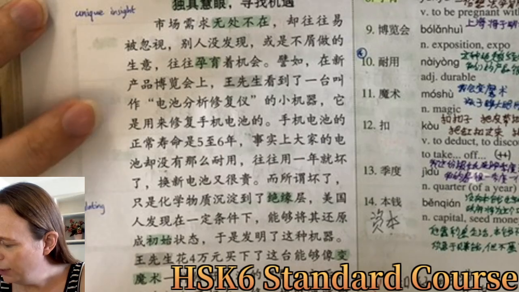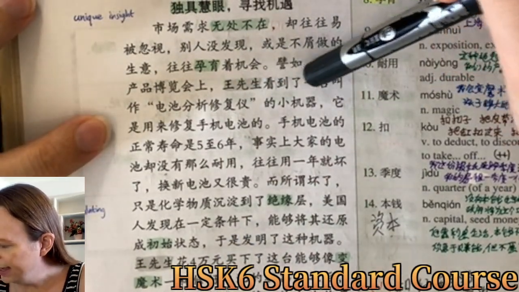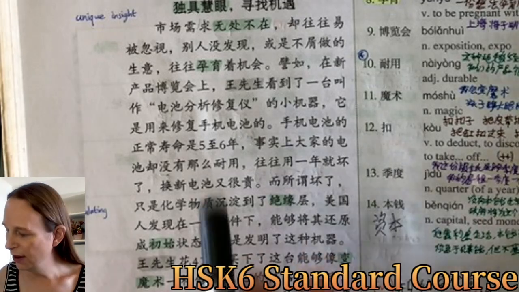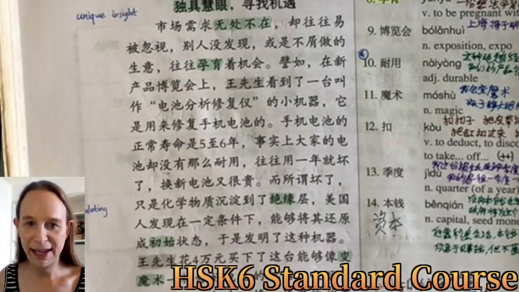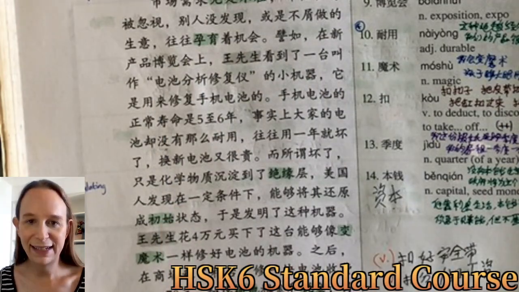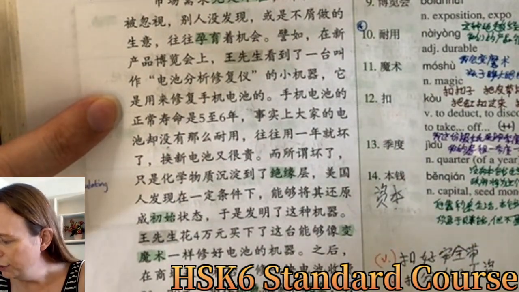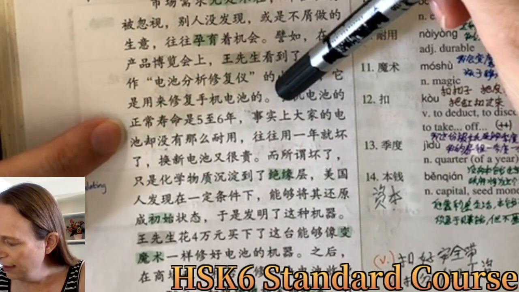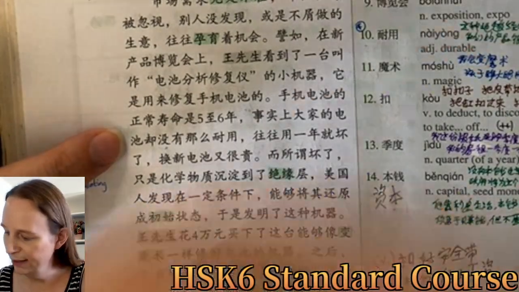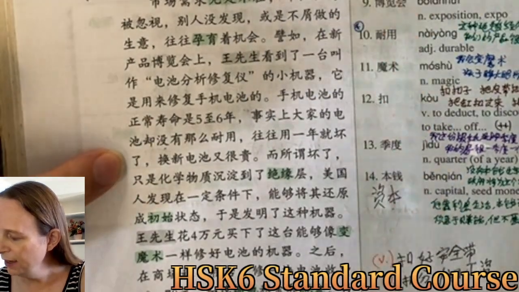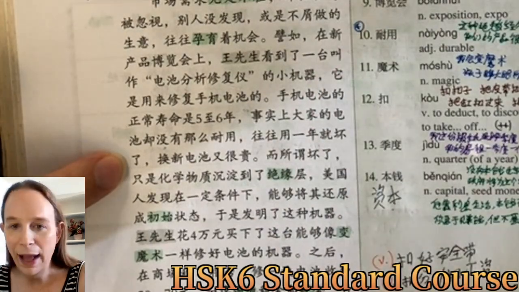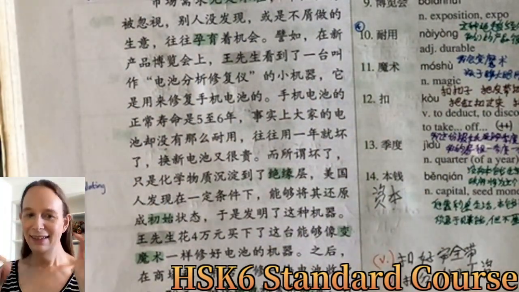在新产品博览会上，王先生看到了一台叫做电池分析修复仪。So battery analysis and repair. 仪 would be like a stand at the 展览会的小机器。All right, let's see what it does. 它是用来修复手机电池的。手机电池的正常寿命是5至6年。事实上，大家的电池却没有那么耐用，往往用1年就坏了。Yeah, okay, this is partly deliberate.